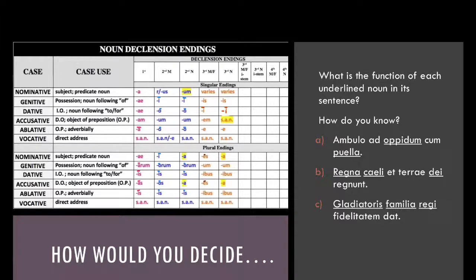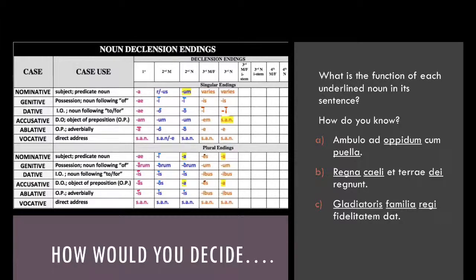So the question becomes, when you see nouns with those repeated endings on them in sentences, how will you know whether the ending that you're looking at is the accusative case or the genitive plural case from the third declension column?